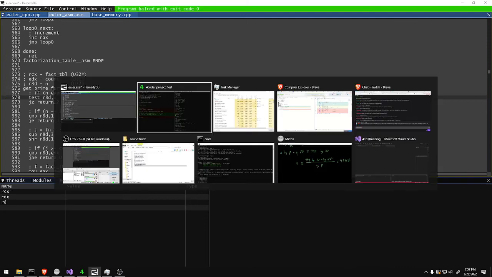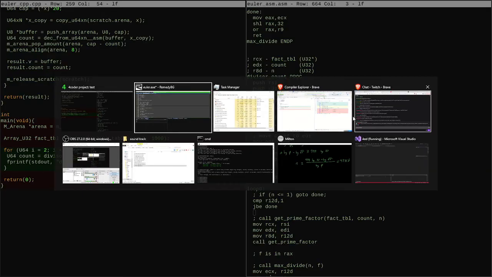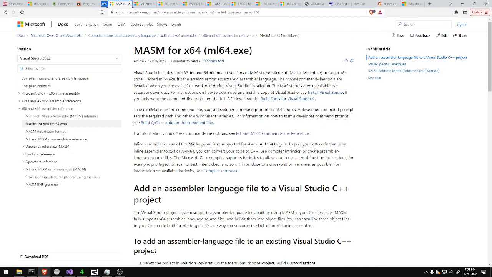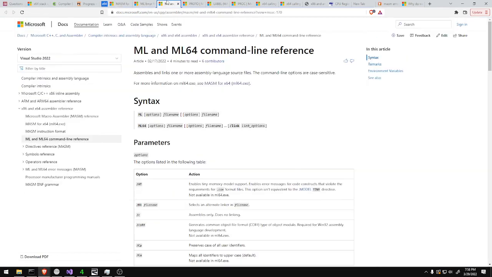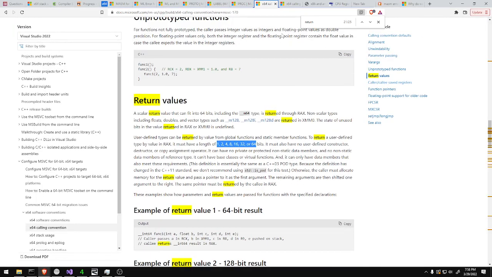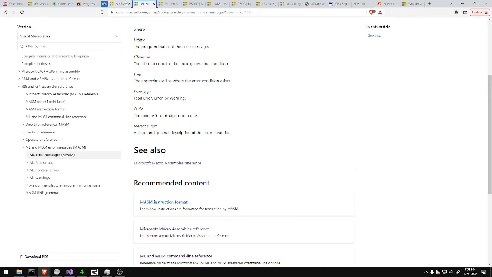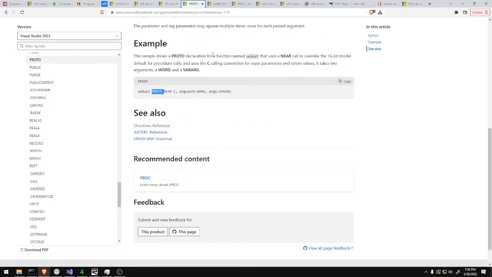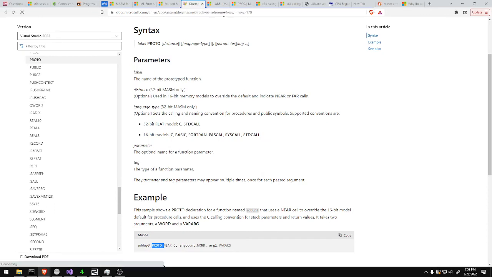So we're gonna go figure out how to tell the assembler to generate the unwind info is the plan. And I'm gonna guess, because we haven't looked at this in a while, that it's gonna be somewhere in all of these directives you can give it. Yeah, let's go back from here.